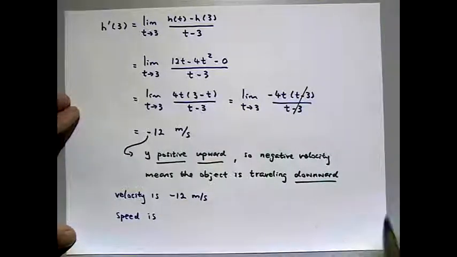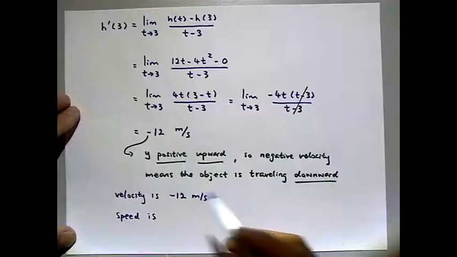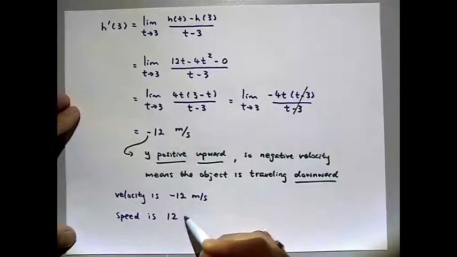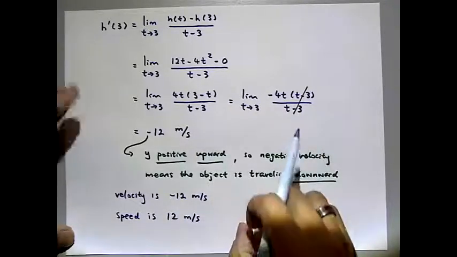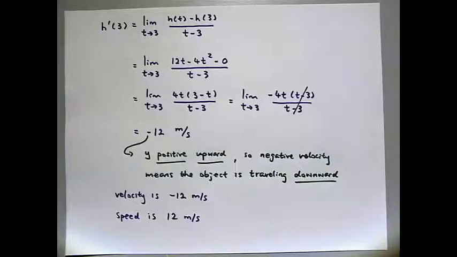So here's where velocity and speed are different. Speed is always a positive quantity. Speed by itself doesn't tell you direction. If I say I'm going at 70 miles per hour, you have no way of knowing which way I'm going. Now, velocity gives some kind of direction information.